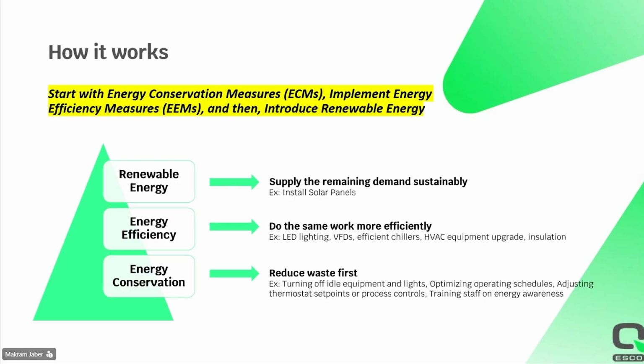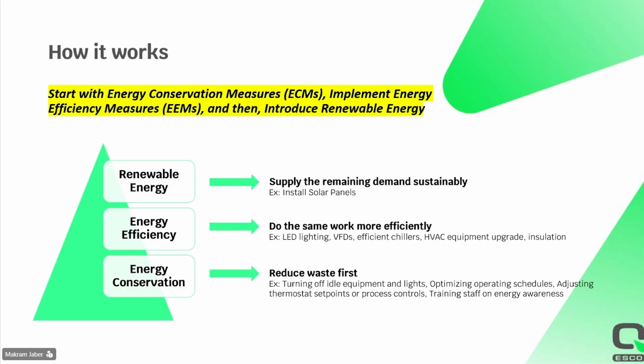The first step is energy conservation. In this type of project, we look for simple steps that can be done that do not cost too much, related, for example, to turning off lights and turning off equipment that is operated outside the hours required for operation.